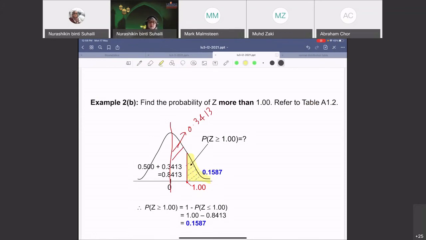So you have to use the trick of 0.5 minus that 0.3413, and you will get this area, isn't it? So the rest are quite logical. You have to know what you are looking for, and from there you know what to find out.